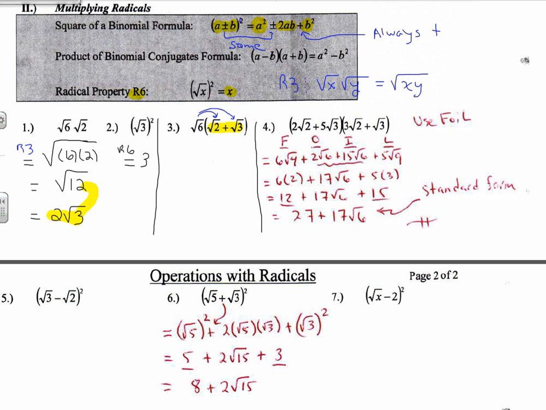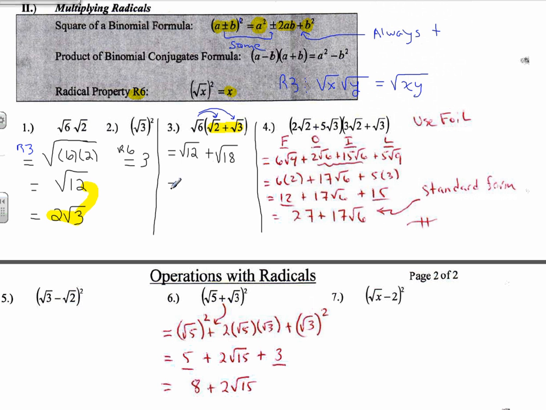Now remember, use property R3. So radical 6 times radical 2 is radical 12, plus radical 6 times radical 3 is radical 18.